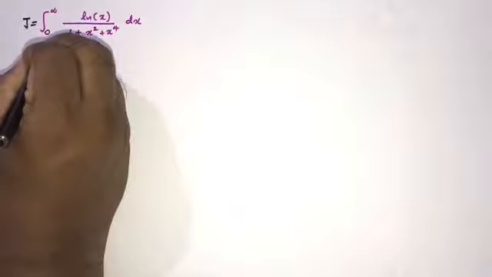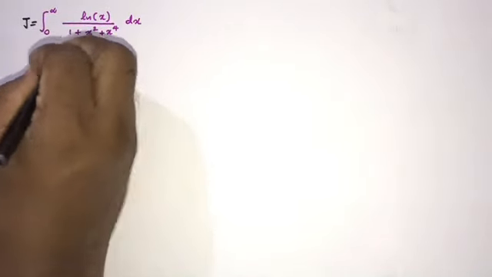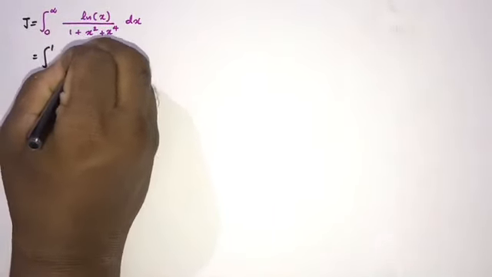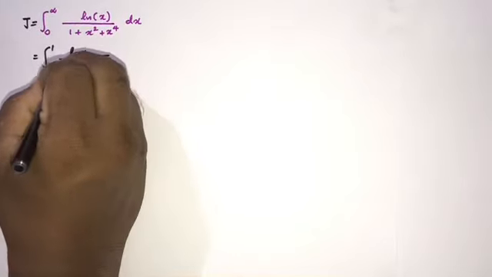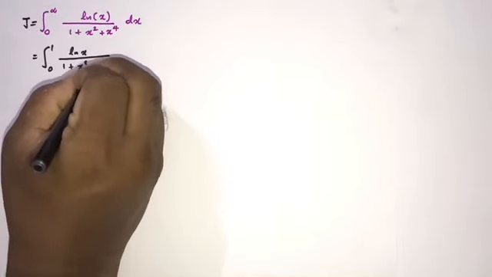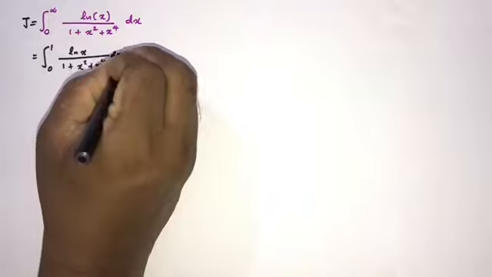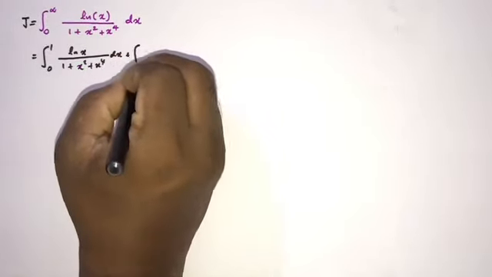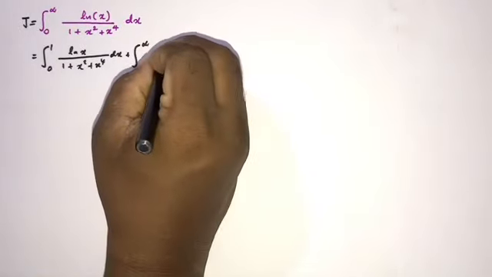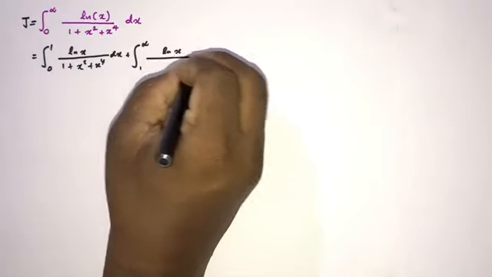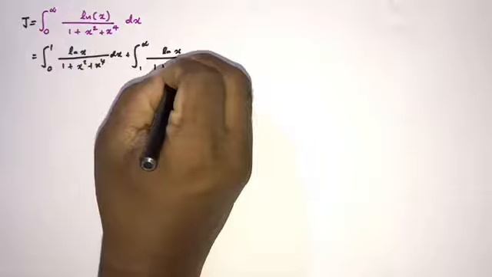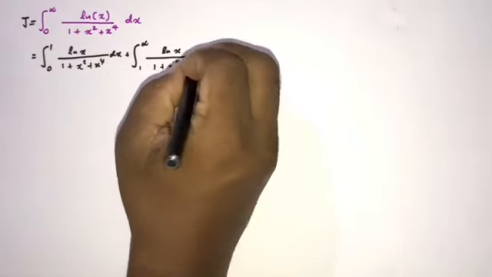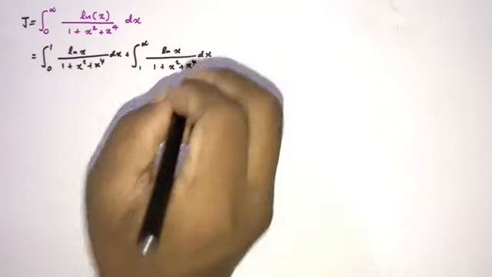So here, integral from 0 to 1 of natural log of x over 1 plus x square plus x to the fourth power dx, plus integral from 1 to infinity of natural log of x over 1 plus x square plus x to the fourth power dx.